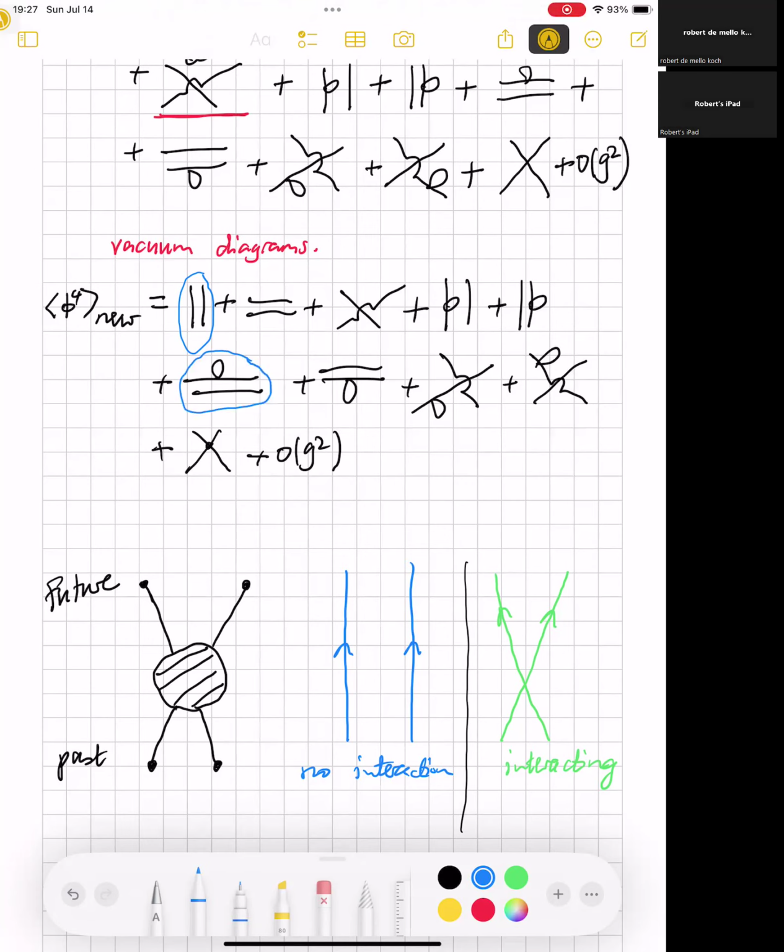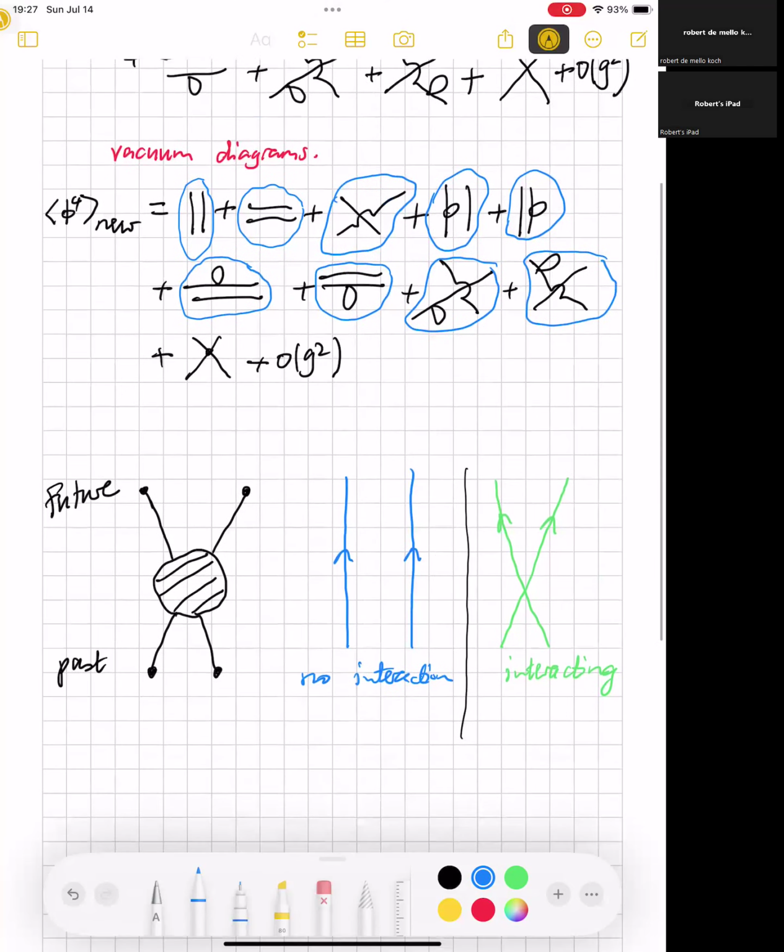The top particle interacts with the vacuum, but they don't interact with each other. So that's also no interaction. Here, there's no interaction. Here, there's no interaction. Here, there's no interaction. And the same for that diagram, and that diagram. All of those correspond to no interaction.